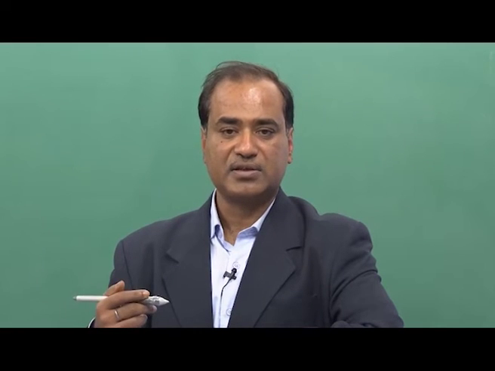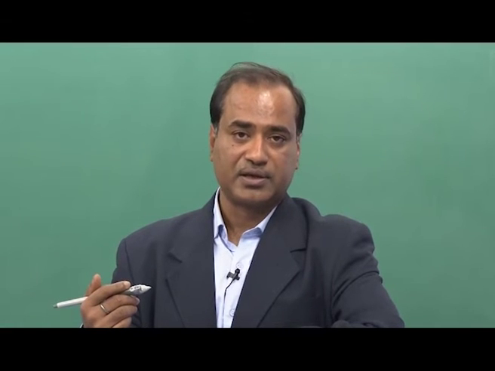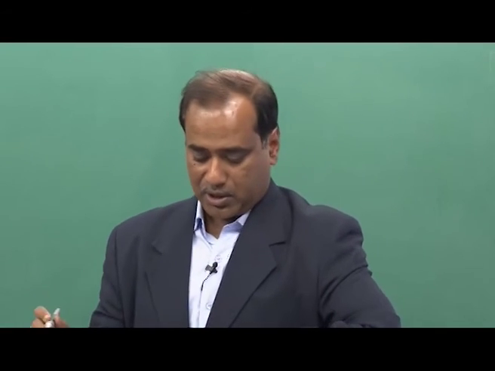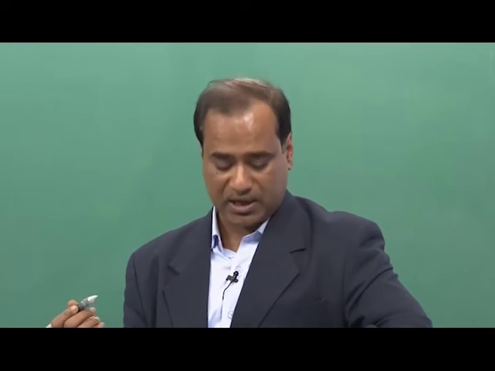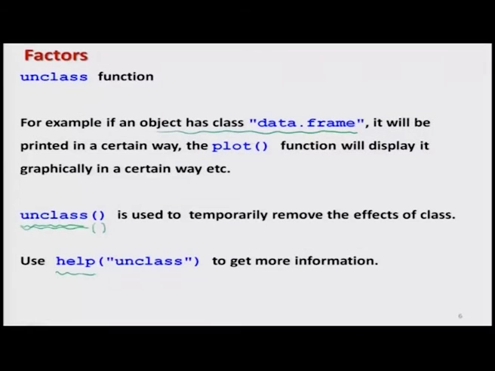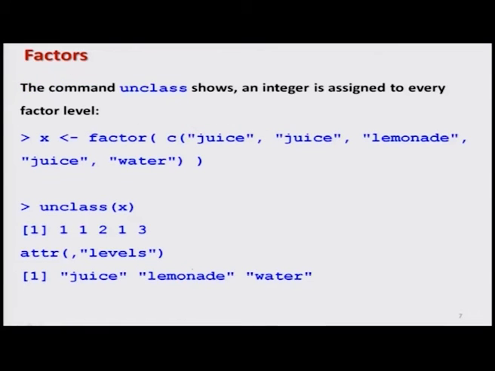That means the same variable was classed, now I want to unclass it. Okay. Now, if you want more information on this function unclass, please use the help function to get more information, and we will come back to our original example which we were considering.